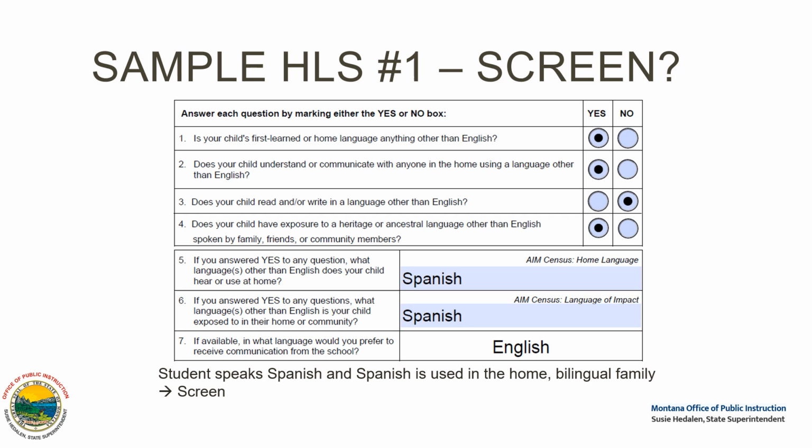One thing to note here, since the child does not read or write in any other language other than English, supporting the child by giving them translated text to read would not be beneficial. So again, the child does not read or write in Spanish, so translated materials would not be beneficial. Okay, so the student just needs to be screened to see if they are in fact an English learner.